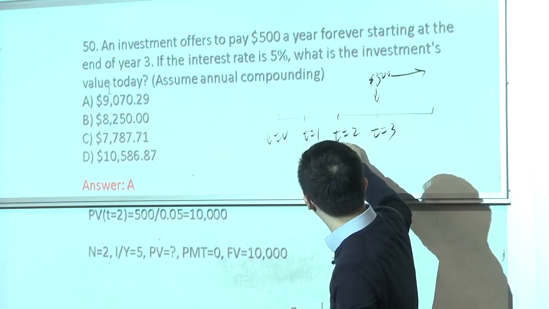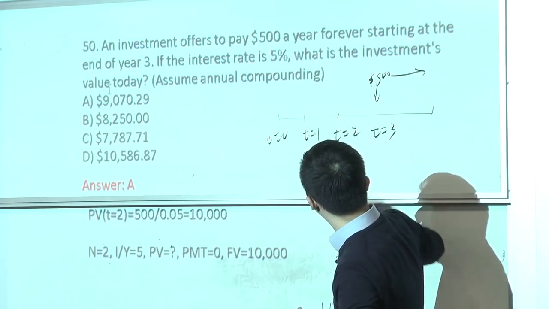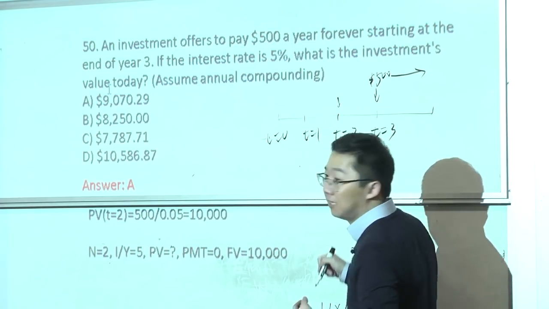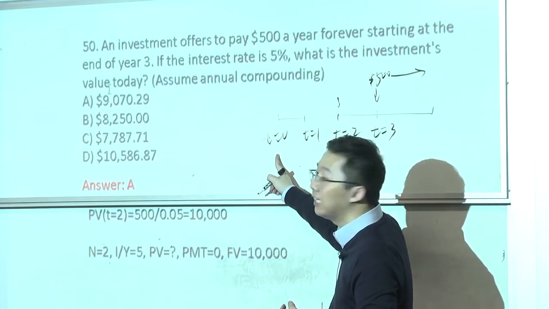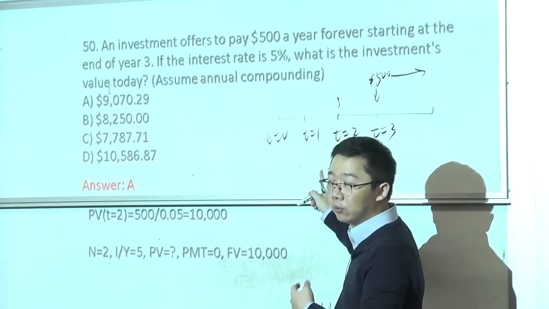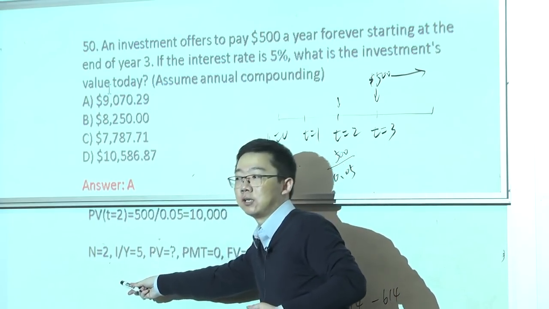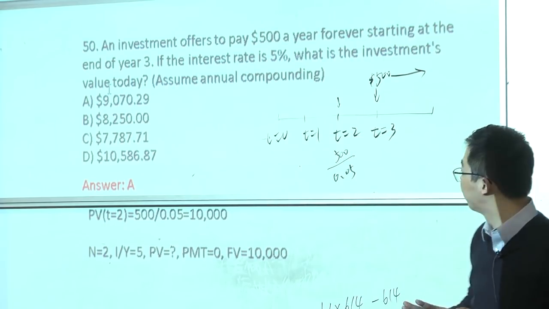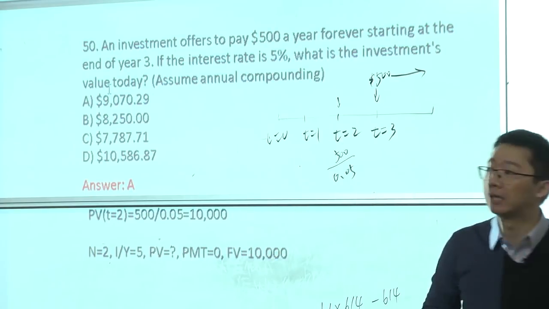So that is $500 divided by 0.05, which is 10,000 as of here. But we are not interested in the 10,000 over here. We are interested in the value right here. So we discount that $10,000 by 2 years using an interest rate of 5% to a value as of t equal to 0. Right? PMT, no PMT, and do that.